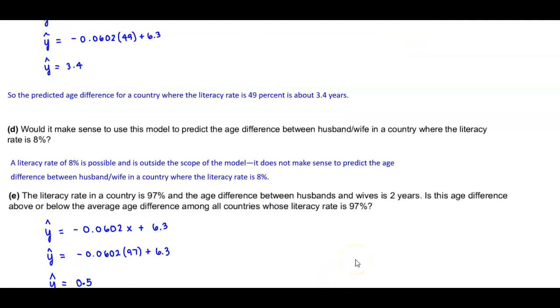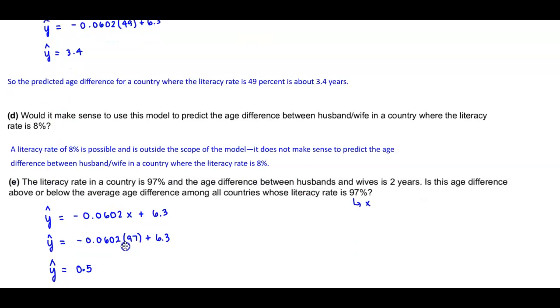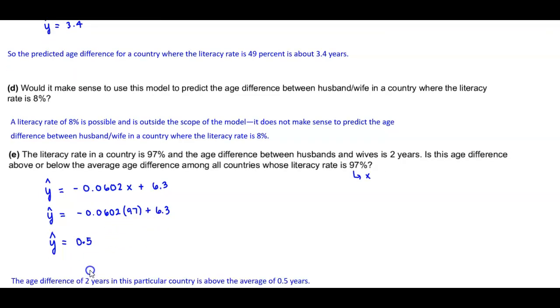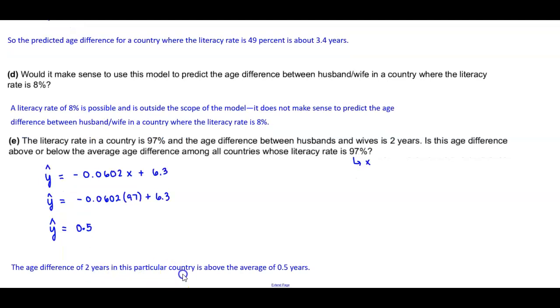Well, we're going to let x equal 97 and plug it into our equation. So we get y equal to negative 0.0602 times 97 plus 6.3. When we multiply that out, we get 0.5. The age difference of 2 years in this particular country is above the average of 0.5 years.